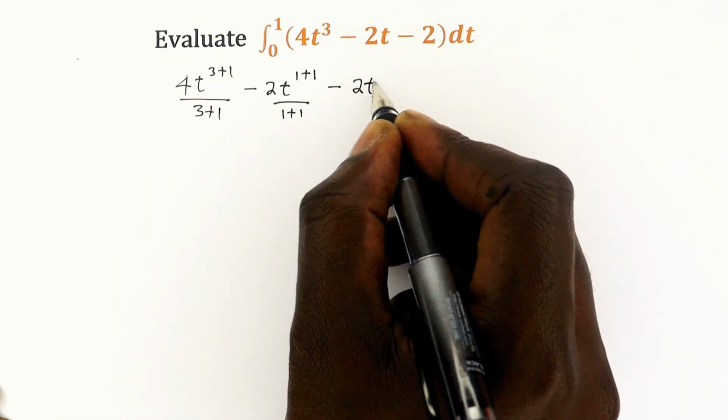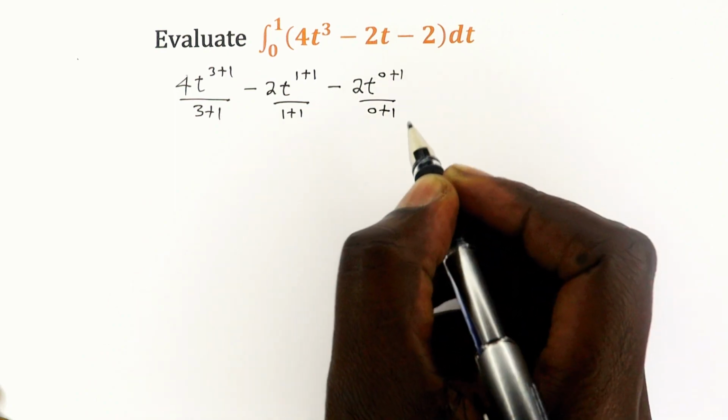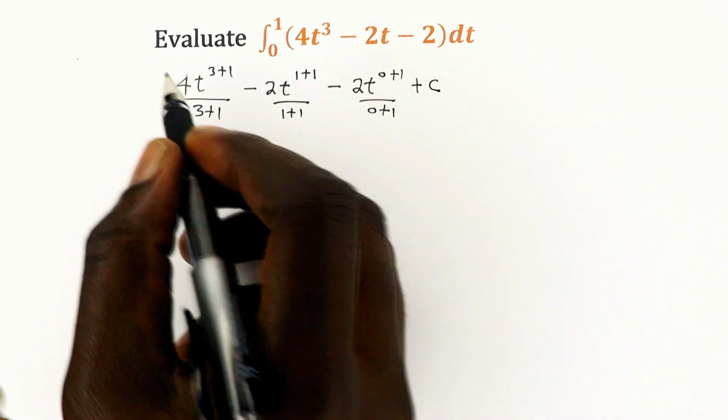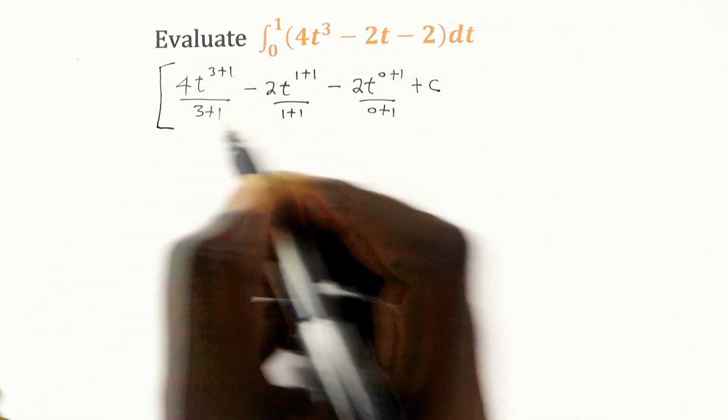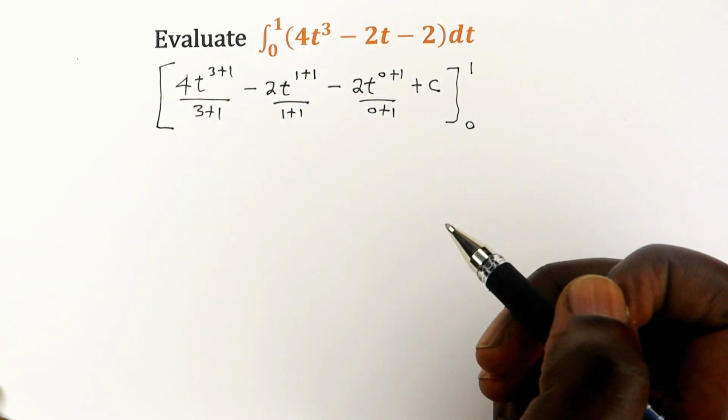So that is 2t raised to power 0. Increase the power by 1 and divide by the new power. Then you add the constant of integration, and then you include the limits, that is 0 to 1.